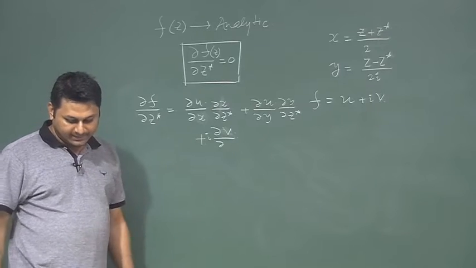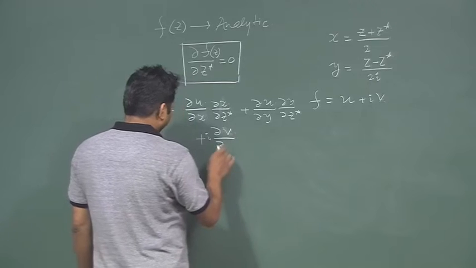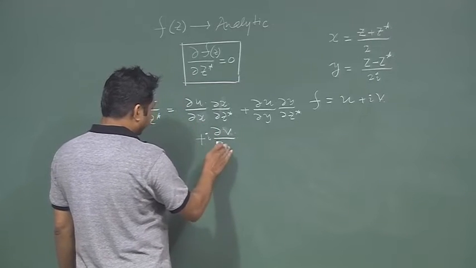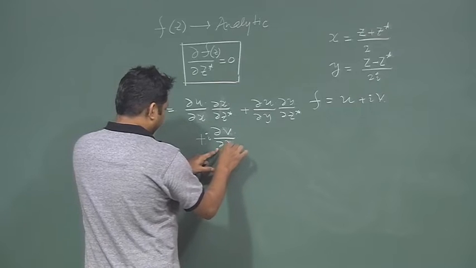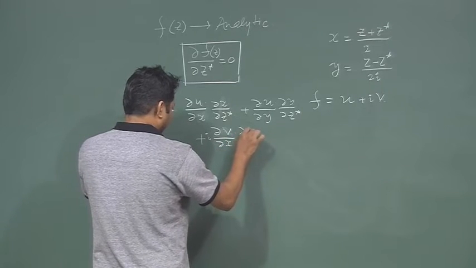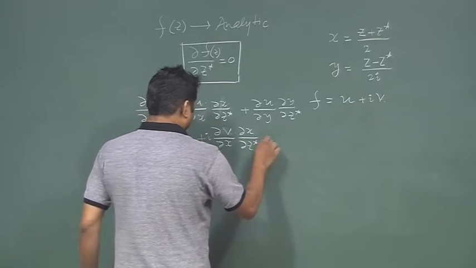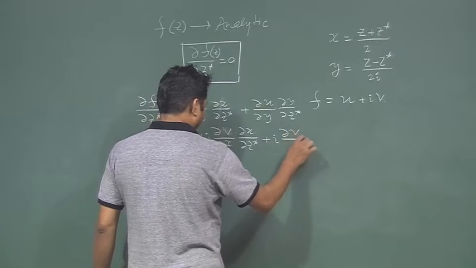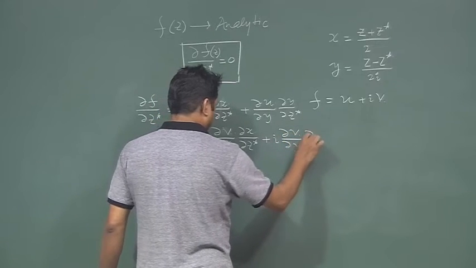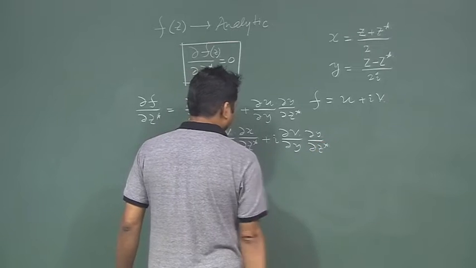So, if I do that, then I should have this quantity, del u del x, del x del z star, plus i del v del y, del y del z star.